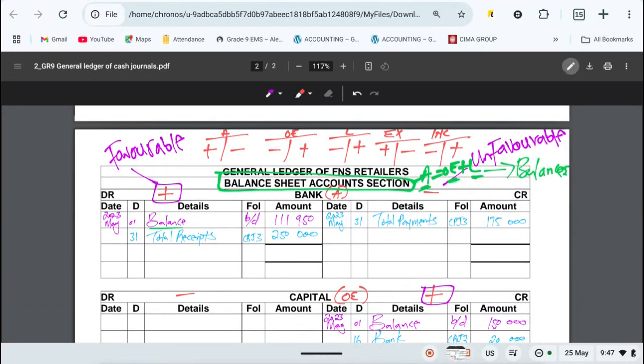So how we balance trading, how we balance the balance sheet as well as the nominal account is different. Because for the others we close and then we balance. When we continue from the others, we just close and write the total only. But I'll show you that.